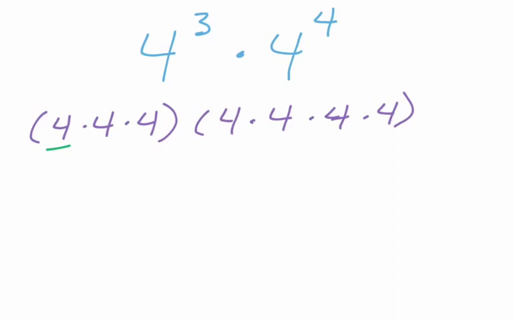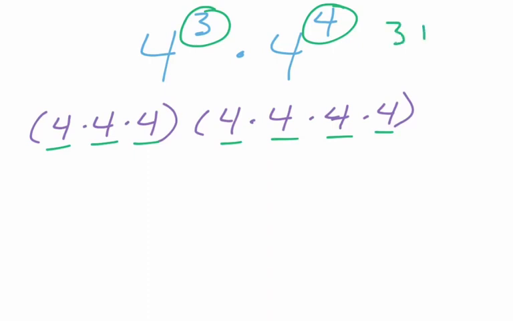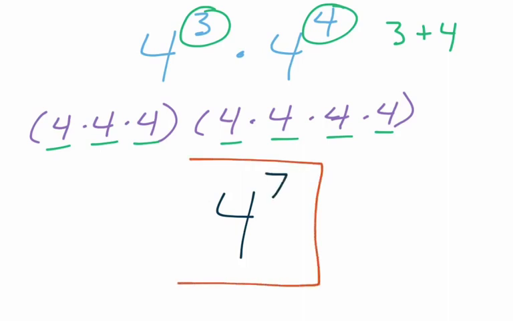You guys can count them: 1, 2, 3, 4, 5, 6, and 7. And of course, if we follow our product rule, you add 3 and 4, you're going to get 7. So we keep our base value the same, and it would be 4 to the power of 7. And this is our product rule. Pretty basic, same base, add the exponents together.